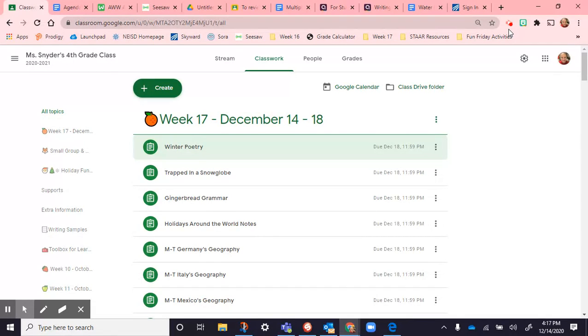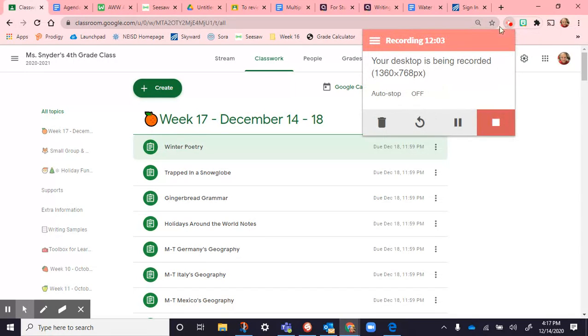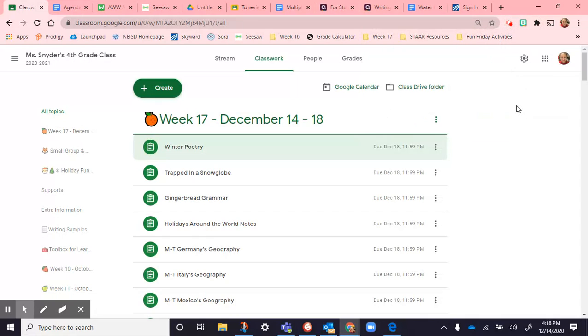I'm using it right now to record this video. Once you click this extension, it'll have options where you can connect it to your microphone and your camera, so that right now, when I am doing things on my screen, it's recording everything.